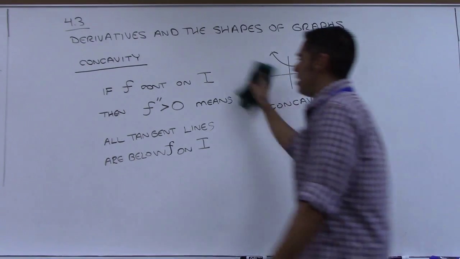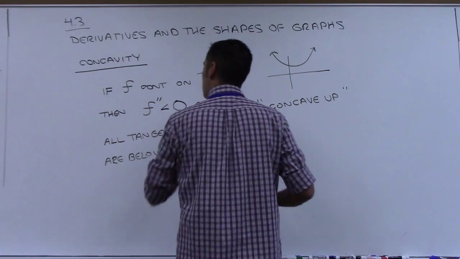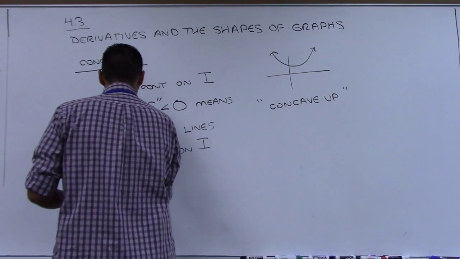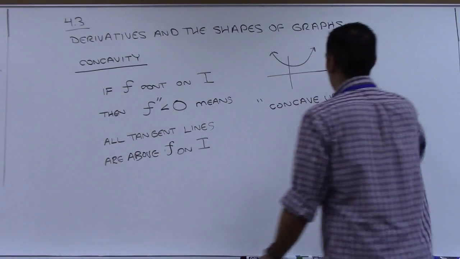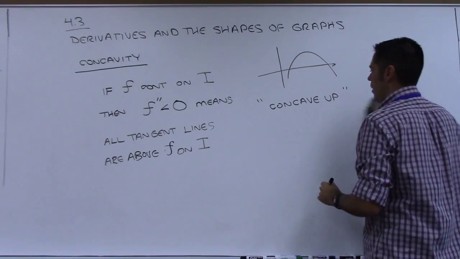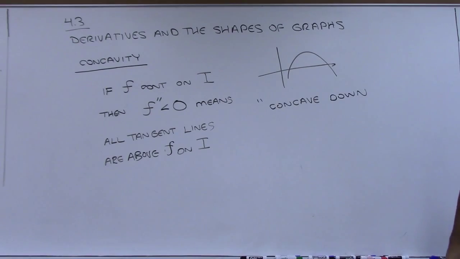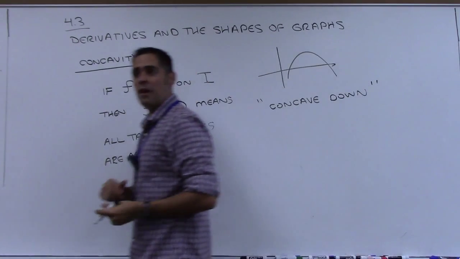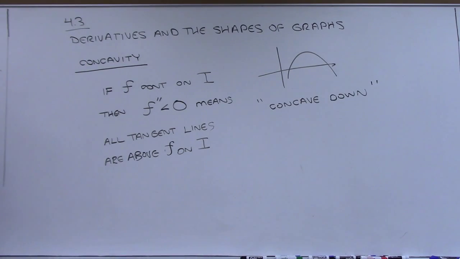And then if f is continuous on I, and the second derivative is negative, this means all tangent lines are above f. And so my picture looks like this. And we call this concave down. The most important thing is that to determine the concavity of a function, you're looking at the second derivative as opposed to the first, right?